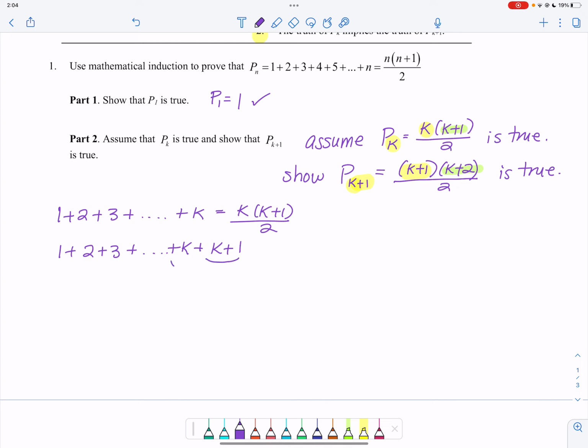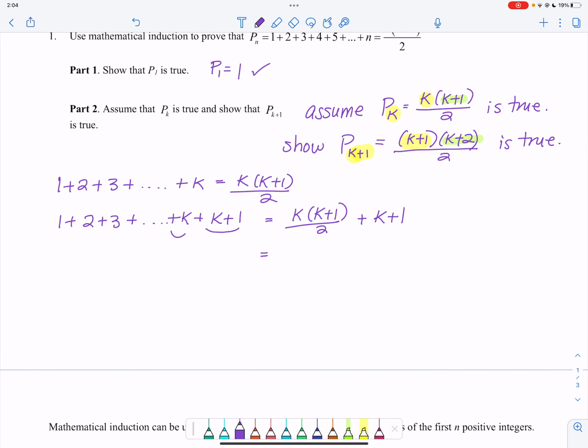So we had the kth term, and now we're at the k plus 1th term. So now we're going to say that this is equal to k times k plus 1 all over 2 plus k plus 1.